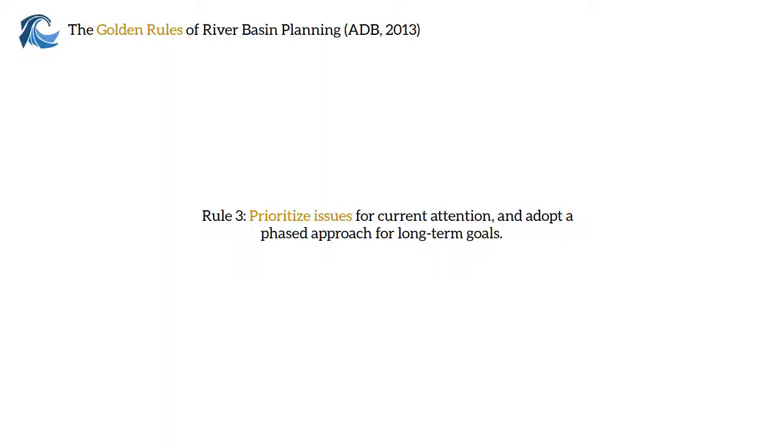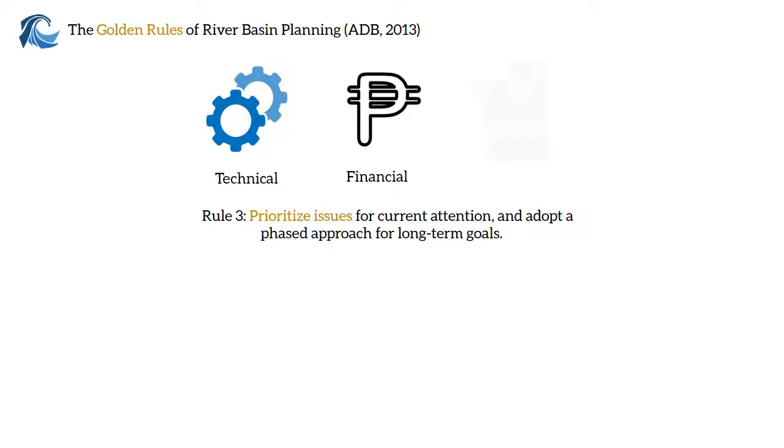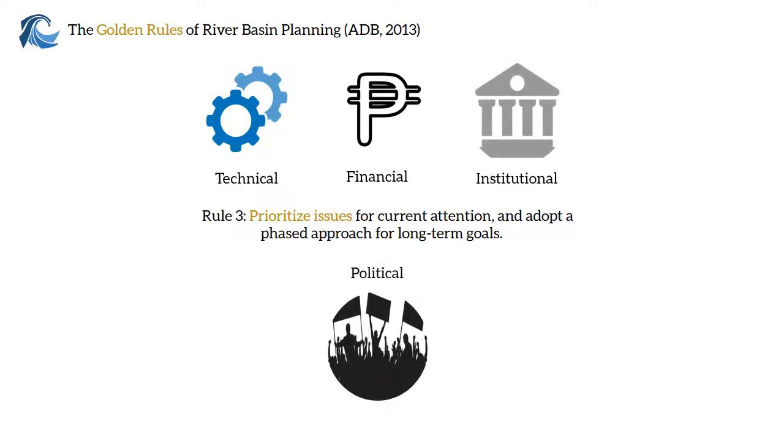Number three. Prioritize issues for current attention and adopt a phased approach for long-term goals. So basically, we have to look at different issues and, again, much like the different factors that come into play in river basin planning, these issues also are interlinked.